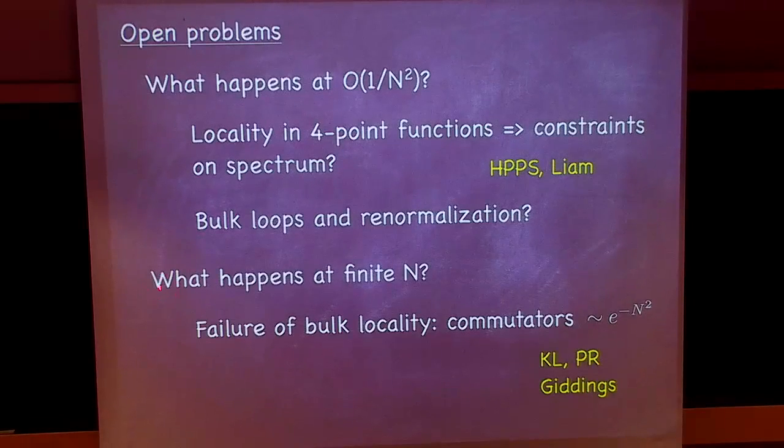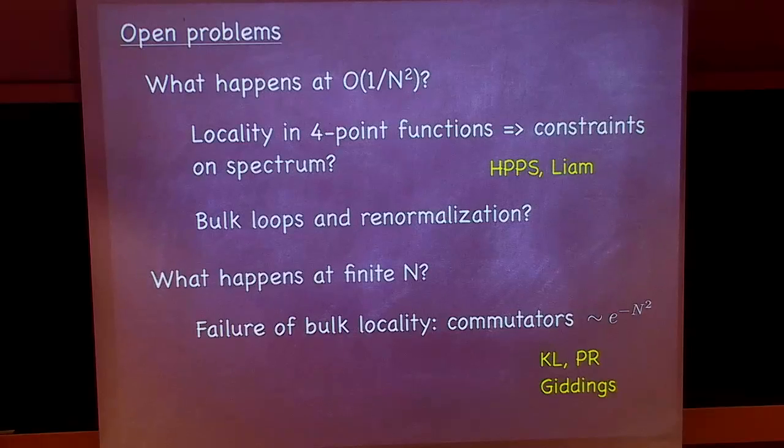But in a way, the bigger prize is trying to understand what happens at finite n. There's been some speculation about this in the literature, some work that I did with Gilad. Papadodimas and Raju have talked about these things, and also Steve has some related speculation. I think most likely, at finite n, this program actually just crashes.